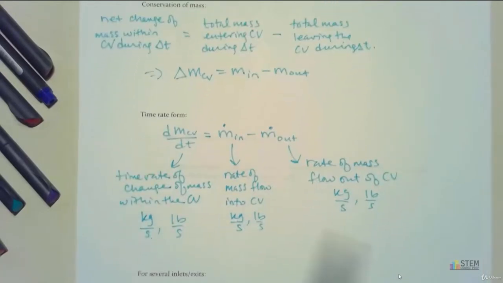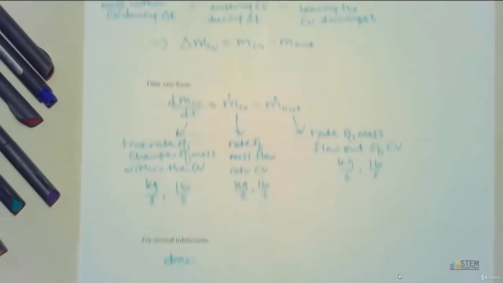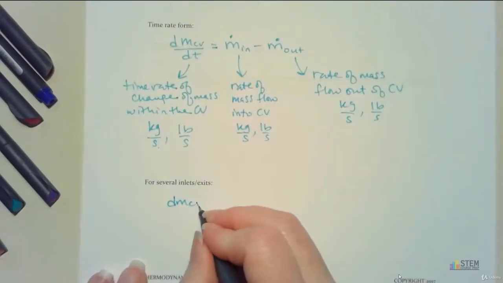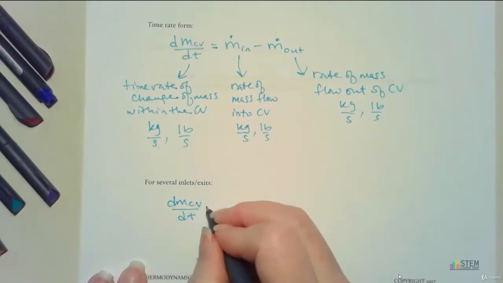Now this is for one inlet, one outlet. We typically are going to have more than one inlet, one outlet problems. So for several inlets and exits, let's expand that equation. It's going to be pretty similar. We'll have, let's move this up here so you can actually see it, dm_CV over dt, so the time rate of change of the mass in the control volume.